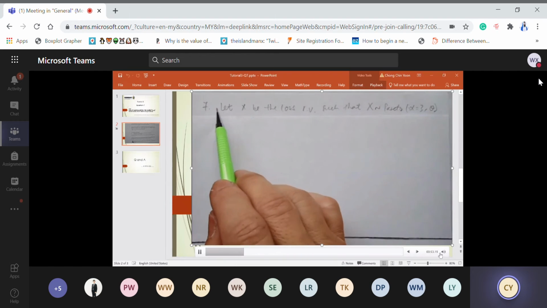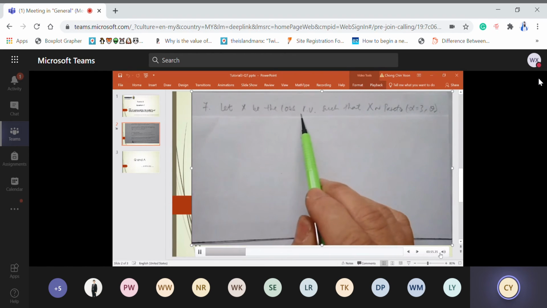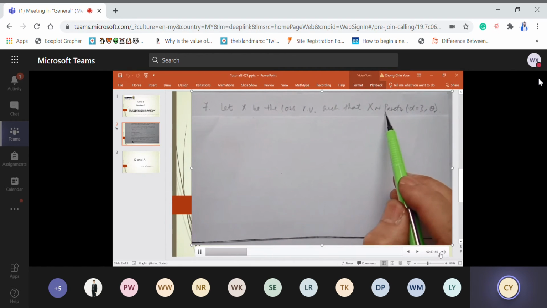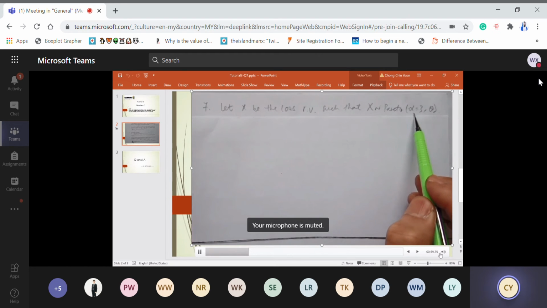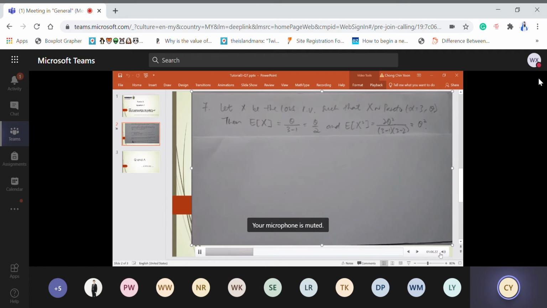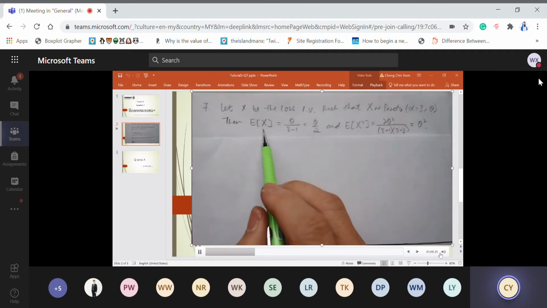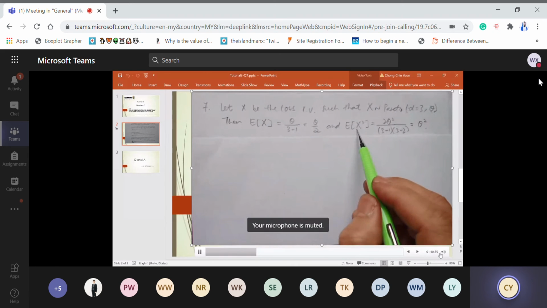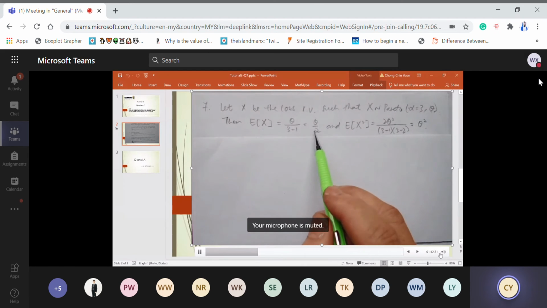Solution for number 7. Let x be the loss random variable such that x is Pareto distributed with the parameters alpha is 3 and theta, which is unknown. Then from table C, we will have the first raw moment and the second raw moment, which are in terms of theta.